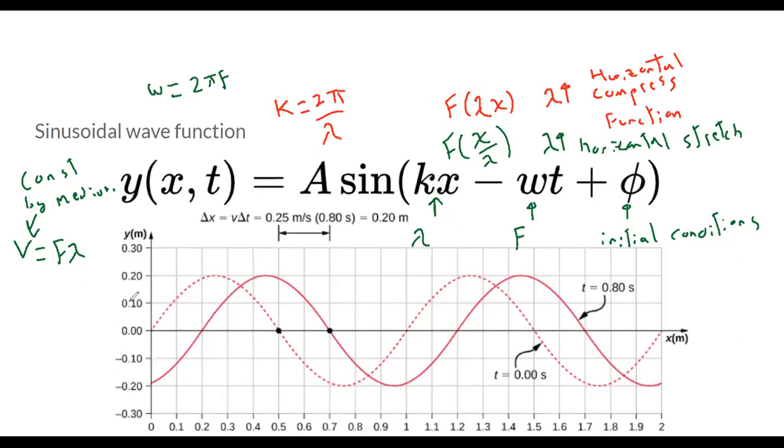So we talked about the fact that if you know how tense a string is and you know how dense it is, you can actually figure out the speed of any wave that's sent through it. We found out that for any string, the speed is determined by how tense the string is divided by the mass density, and then there's a square root there.